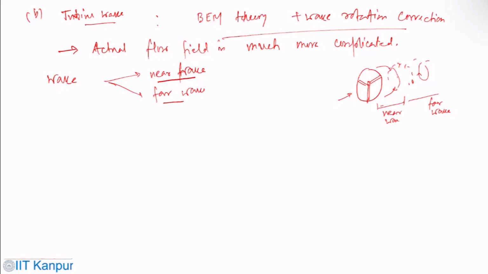Obviously, the wake actually provides the conservation of angular momentum. Apart from these vorticities coming out from the trailing edge of the blade, there are also going to be vortices generated from the hub.